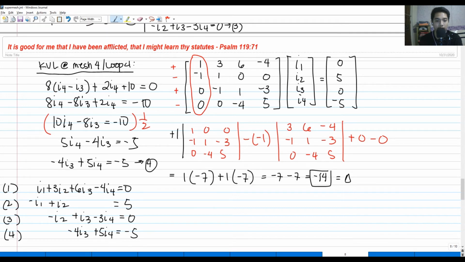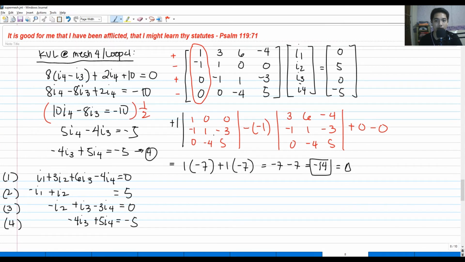So we already got the negative 14. So what will we do? Again, if we wish to get I sub 1, for the I sub 1 solution, we are simply going to replace this first column with our constants and get the determinant.